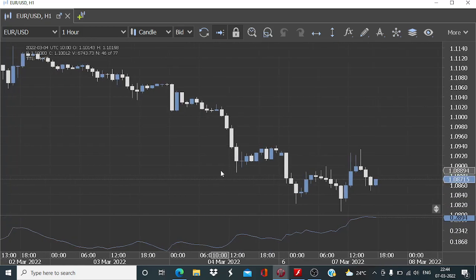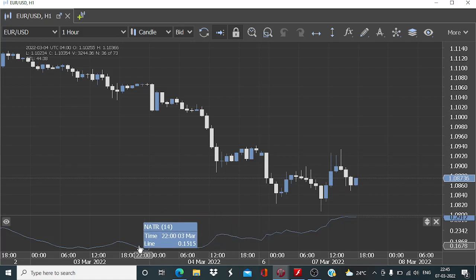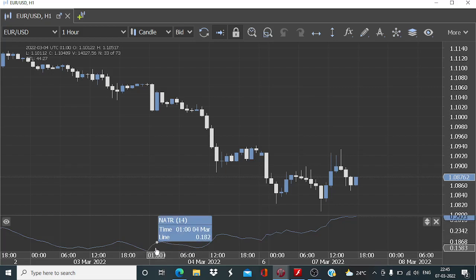So when we see that large moves are happening, it can be in either direction, upwards or downward. It shoots up. As you can see from this charting, the underlying instrument is Euro USD. Candle period is 1 hour, and I have plotted the NATR with the time period of 14.